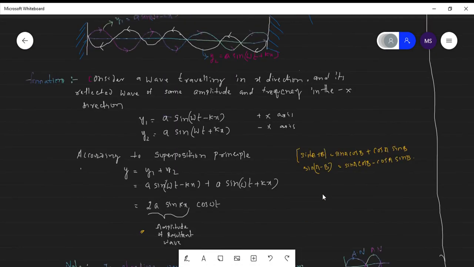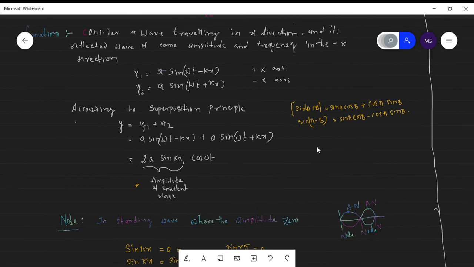According to the principle we already discussed in the previous topic, the superposition principle: the displacement of the resultant wave is equal to the algebraic sum of the displacements. So y1 is the displacement of the first wave plus y2 is the displacement of the second wave. The sum of these two gives the resultant displacement of that combination of waves.